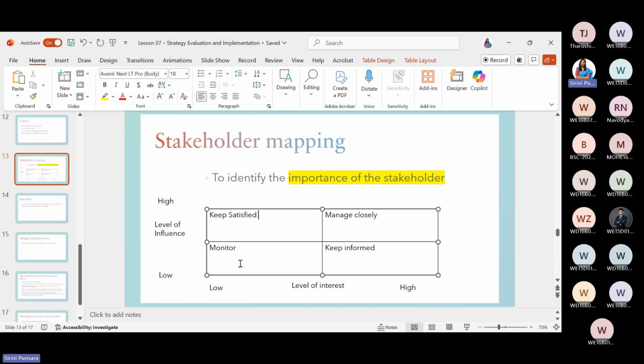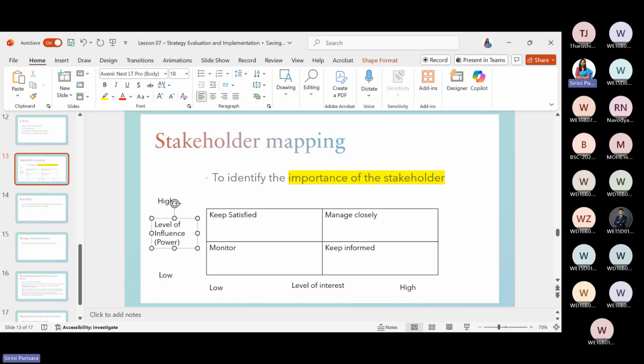So you can see here, when the level of influence is high and also the level of interest is high, they are the ones who are most important to the company. They have a lot of interest in the company and they also have high power, level of influence in the sense of their power.